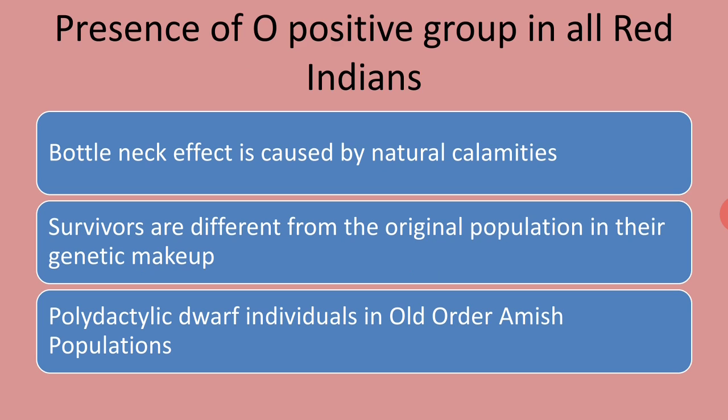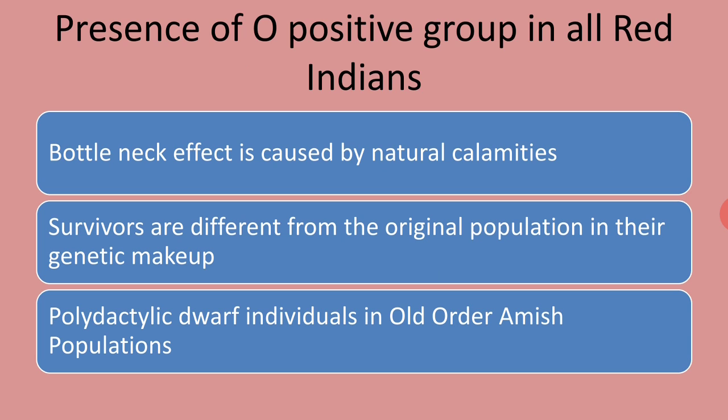Bottleneck effect is caused by natural calamities like tsunamis, earthquakes, pandemic breakdown, like that. And due to these natural calamities, many organisms will simply die. For example, in this COVID pandemic breakdown, the individuals with greater immunity will survive and the individuals with less immunity will die.